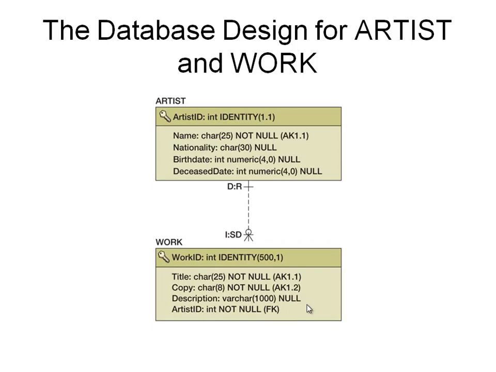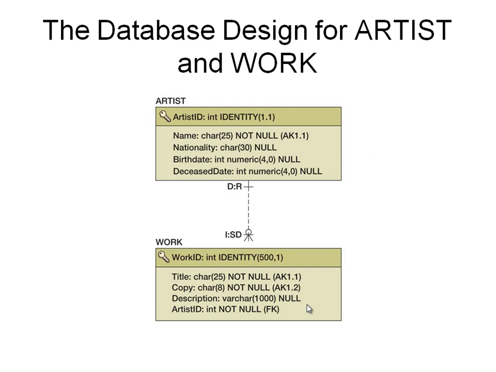Now the database design for the artist and work by themselves, just those two. For the artist, the primary key is the artist ID, which is an integer identity of one, and that is the primary key. The name is a character of size 25 and not null, that's a constraint.